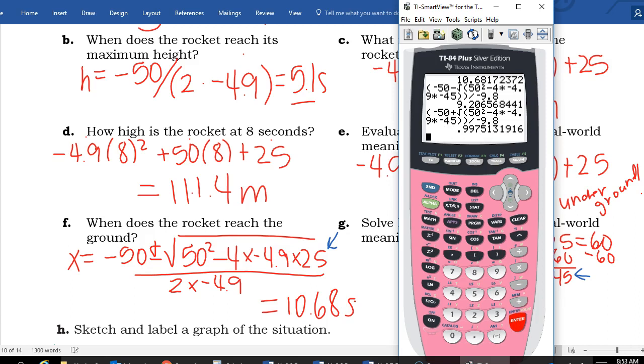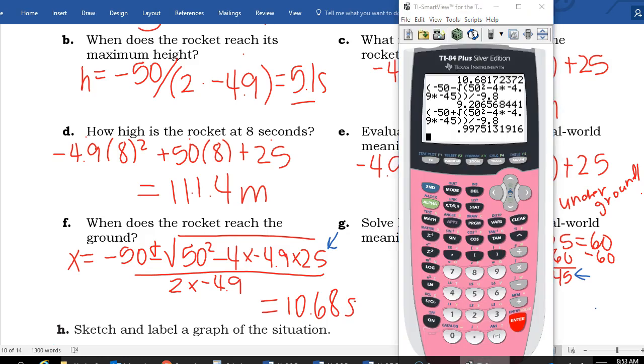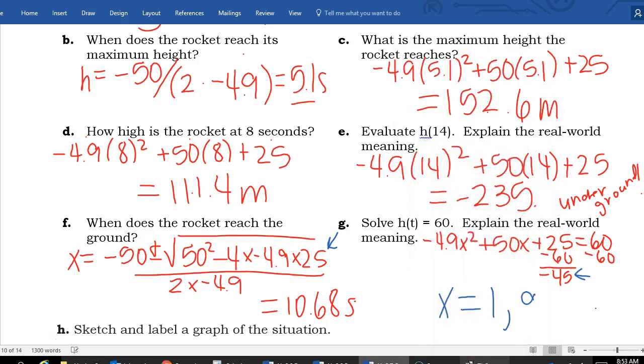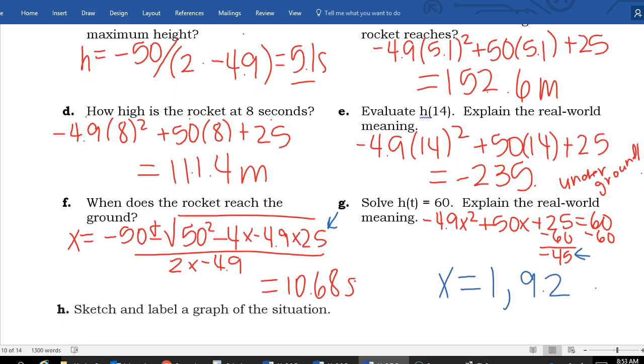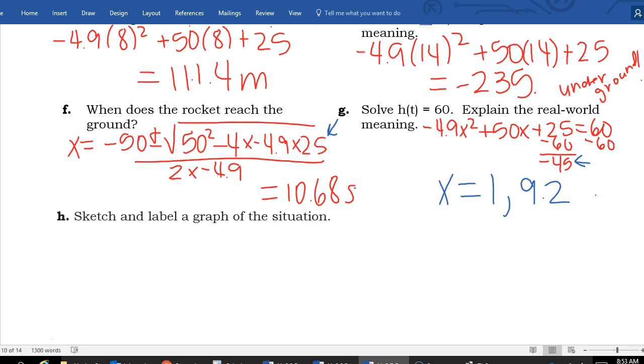And I get basically 1. So that is saying the rocket is 60 meters above the ground at 1 second and at 9.2 seconds.